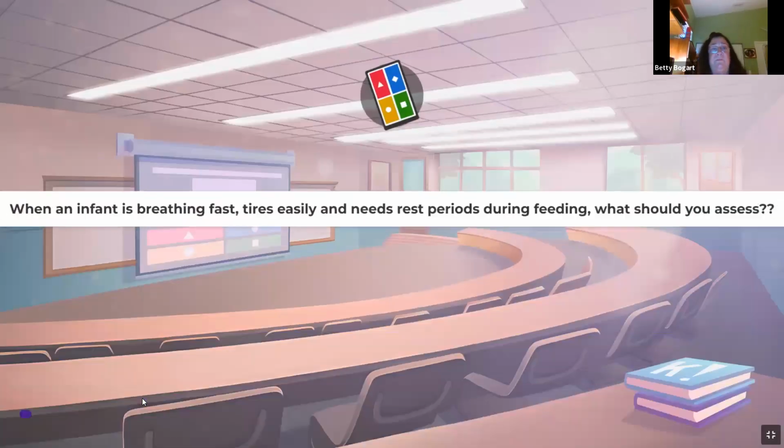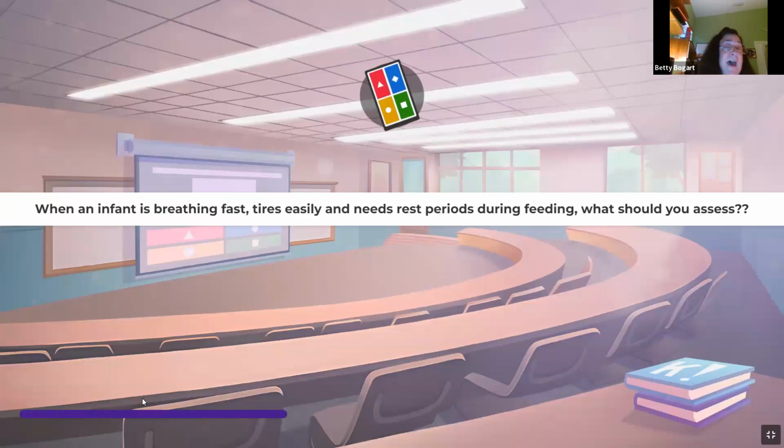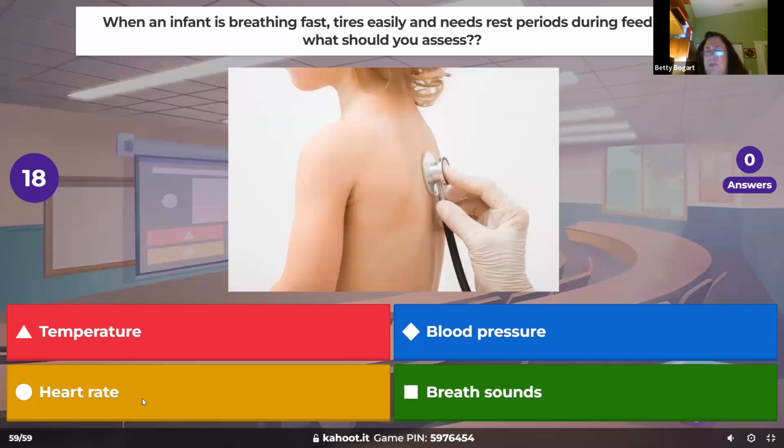And last question. When an infant is breathing fast, tires easily, and needs rest periods during feeding, what should you assess? What do you think is going on when you see that?